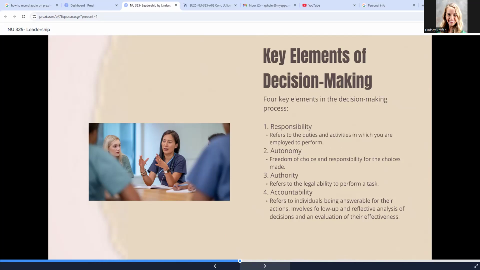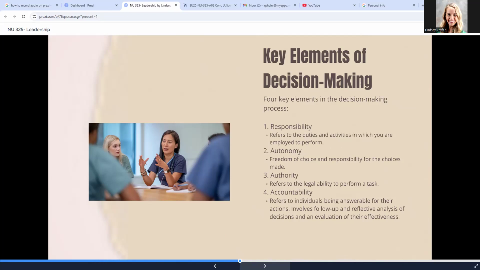The second element of the decision-making process is autonomy, and this is freedom of choice and responsibility for the choices made. So with clinical autonomy, you as the nurse make independent decisions about patient care, you plan patient care within the nursing scope of practice, and you implement independent nursing interventions.